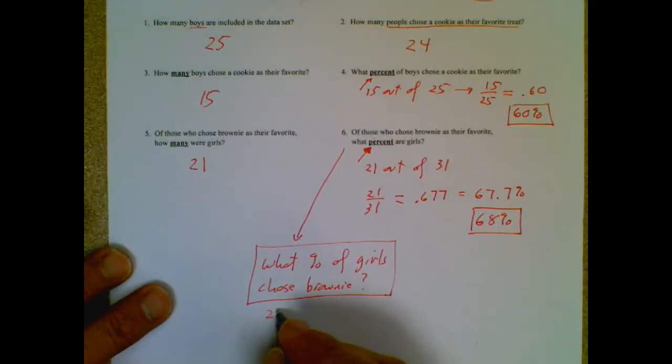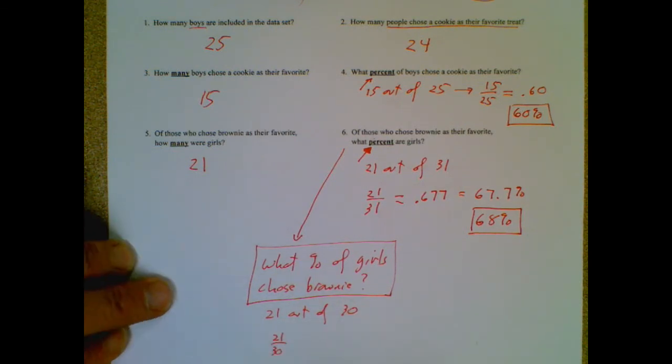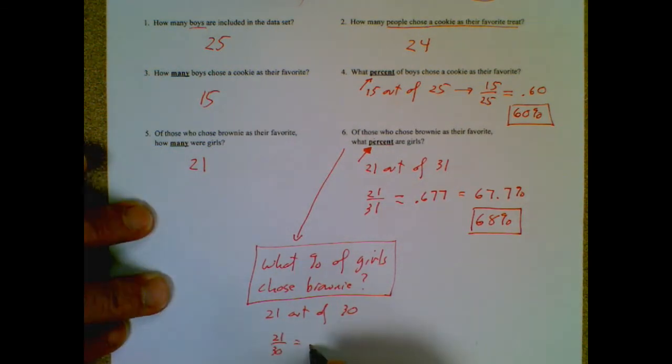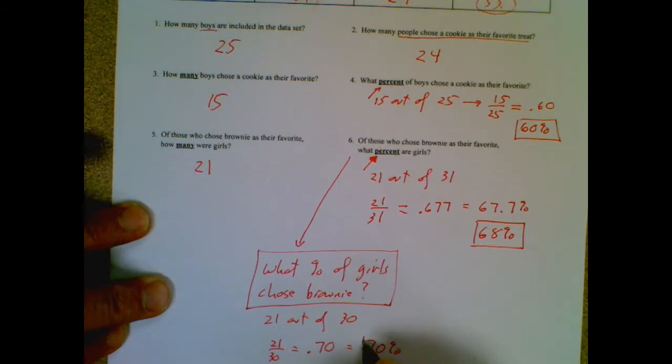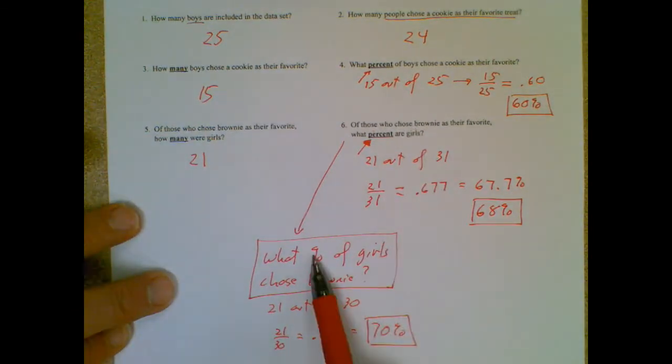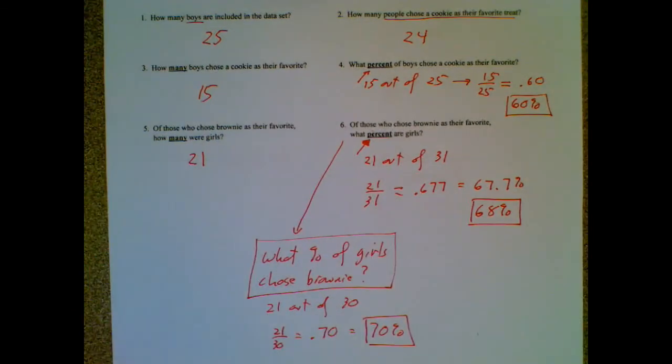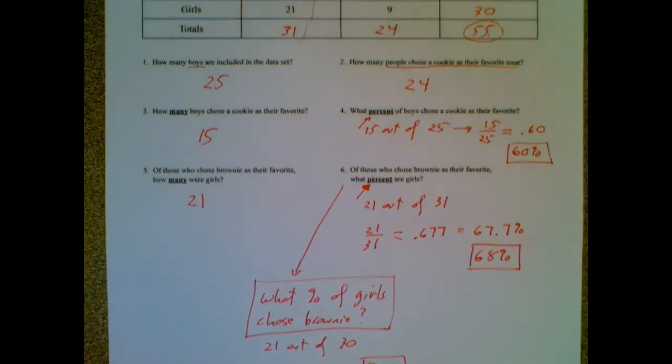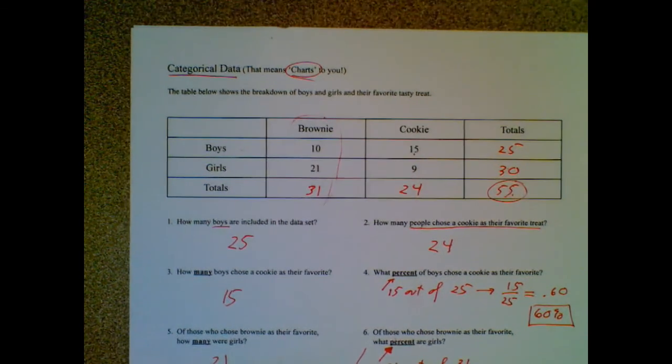So I would say 21 out of 30, which is 0.70 or 70%. So here are two questions that look similar but are definitely very different. And in the end, all of these questions boil down to you very carefully reading this chart, careful like a lawyer.